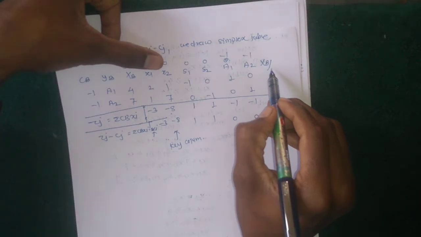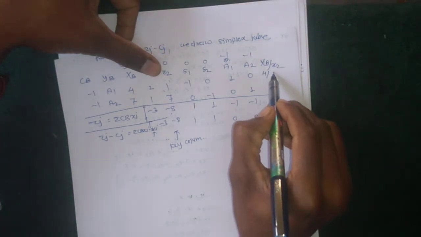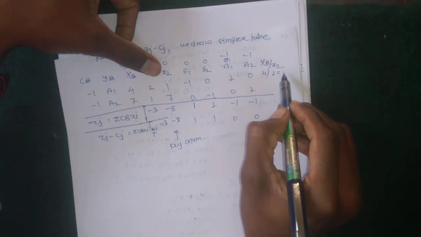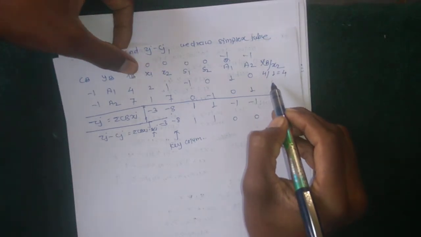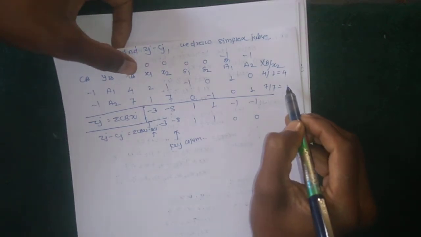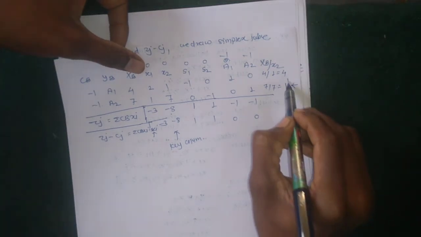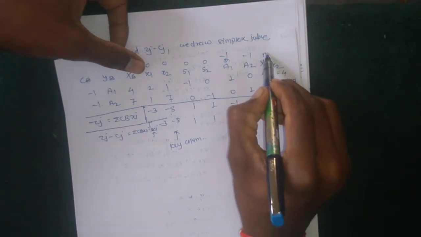Find their ratios: xb divided by x2. 4 divided by 1 is equal to 4, and 7 divided by 7 we get 1. Therefore this is our key row, the minimum ratio.